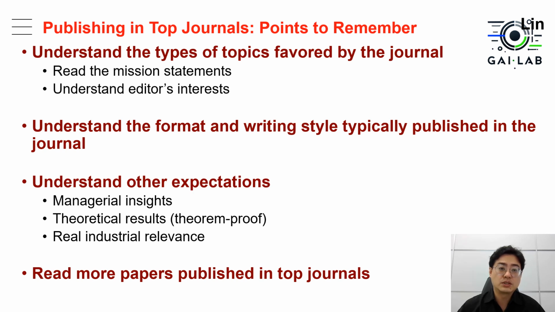This is quite important. And the second part is to understand the format and the writing style, because different papers have different preferences. Just like IEEE Transactions on Industrial Informatics has a limitation of about 8 pages.